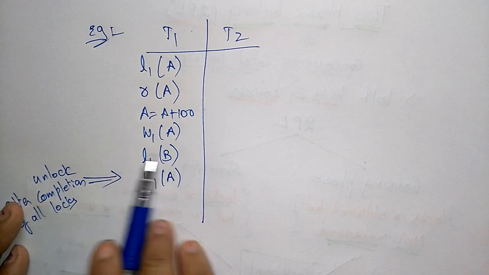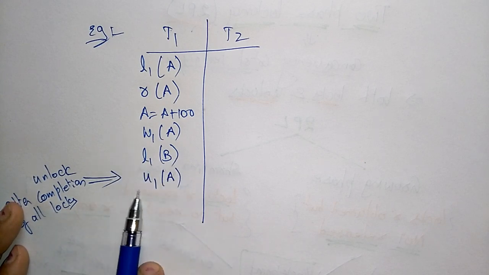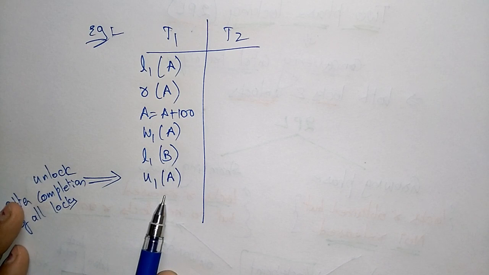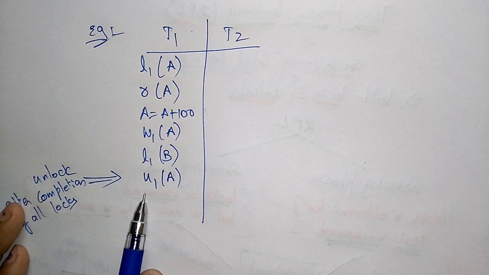After locking the other data item, it releases the first data item. Whenever it releases that, the transaction is not supposed to create new locks because it enters the shrinking phase.